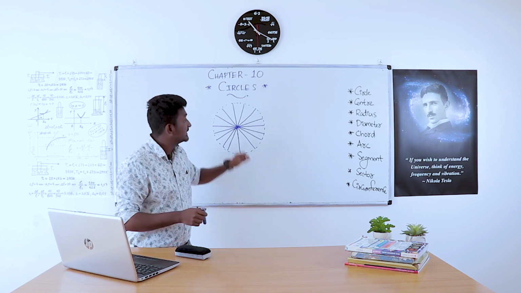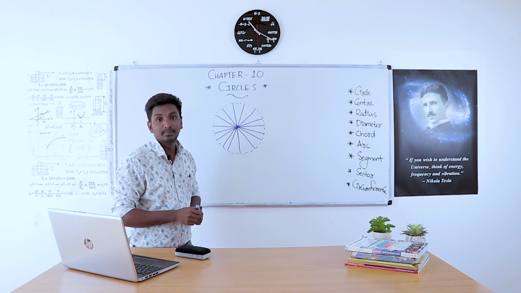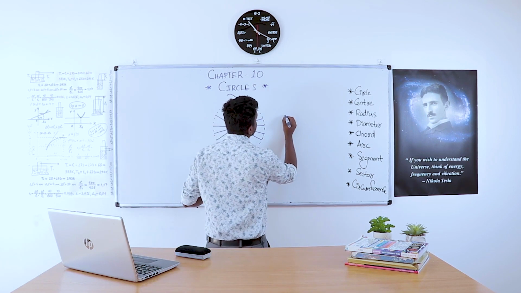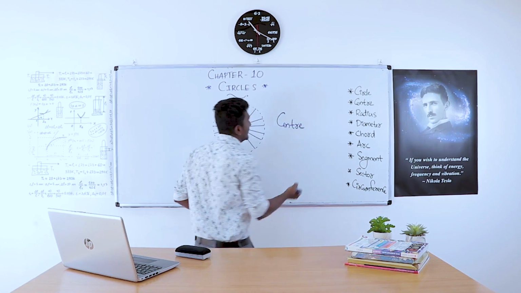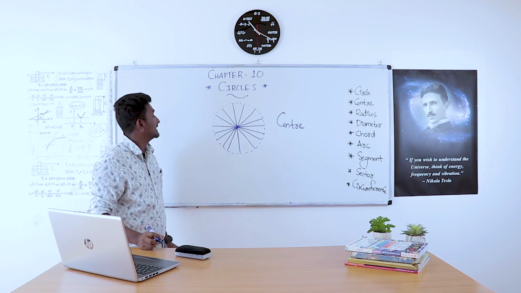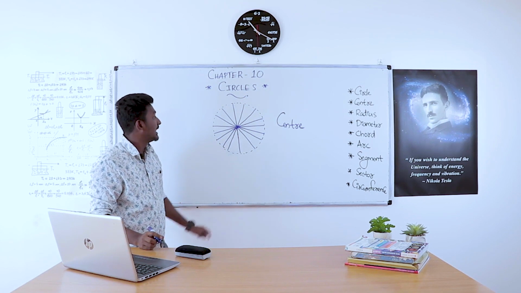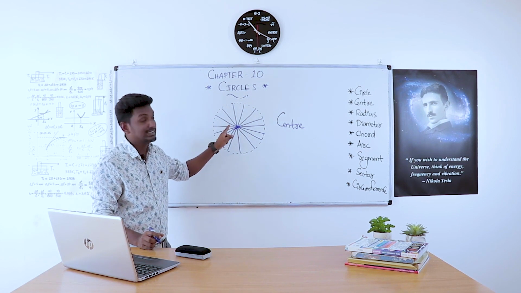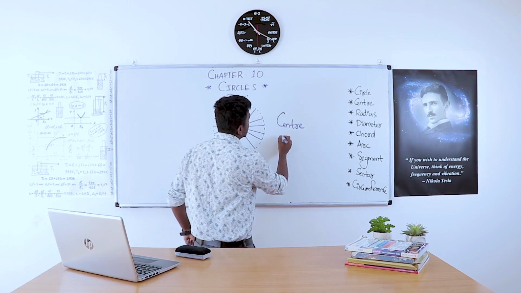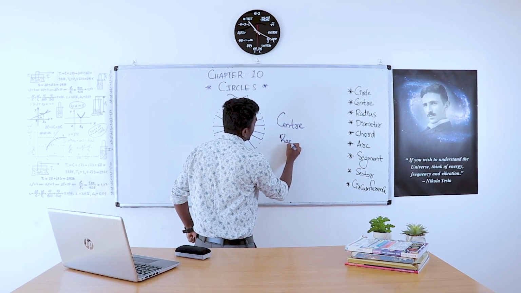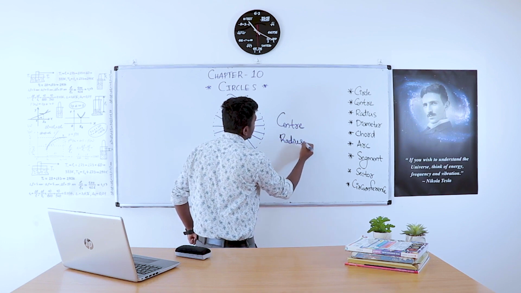And this fixed point is known as the center of the circle. This fixed distance from the center to the circle is known as the radius of the circle.